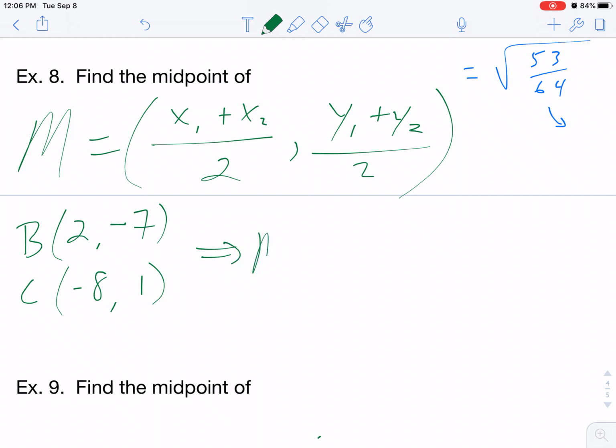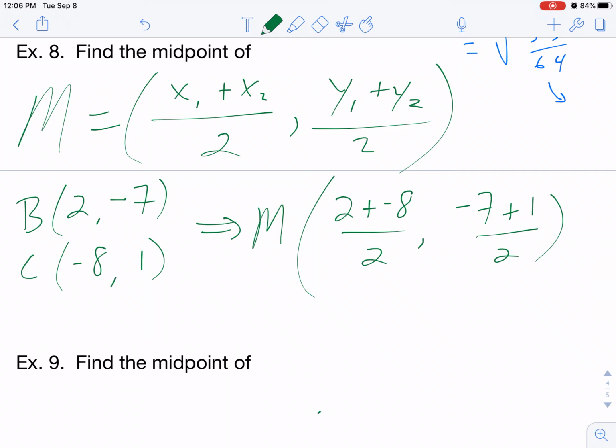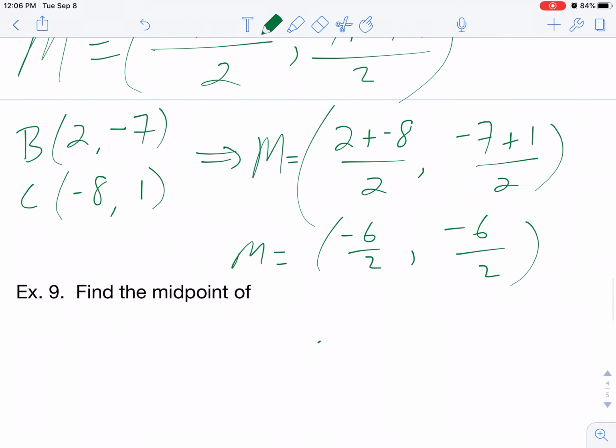All you have to do to find the midpoint is add the x values, divide by 2, add the y values, divide by 2. Basically you're finding the average. So our midpoint here is going to be -6 divided by 2, -6 divided by 2. I did not do that on purpose. So it's going to be (-3, -3).